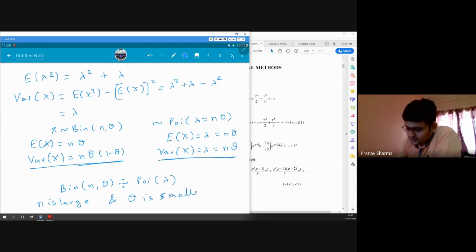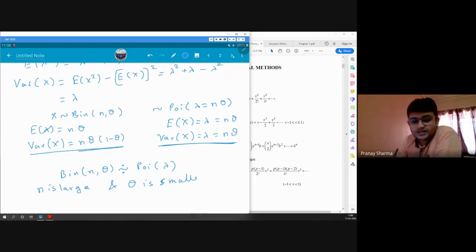Only when theta becomes 0 does that become a perfect conversion. And only when n becomes infinite does this become a perfect conversion. That is why we take it as an approximate conversion, not a perfect conversion.